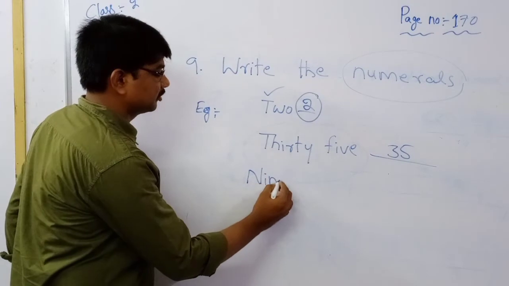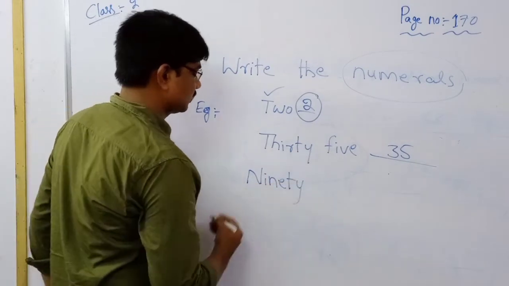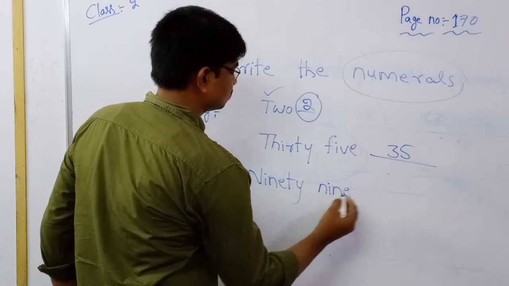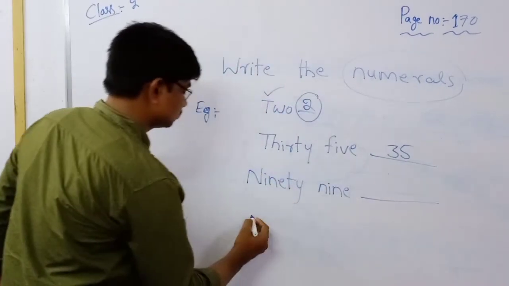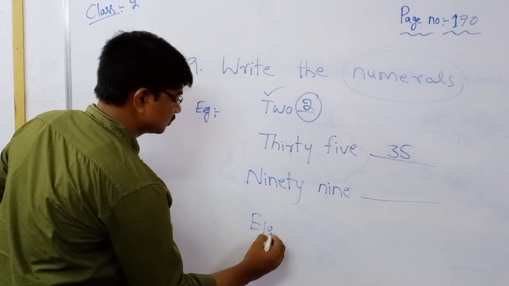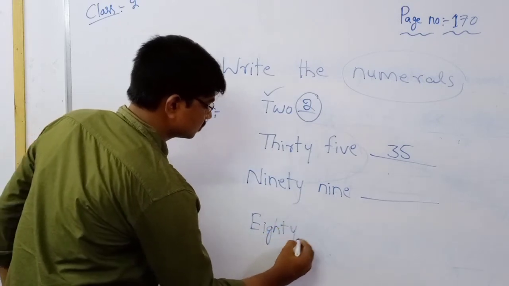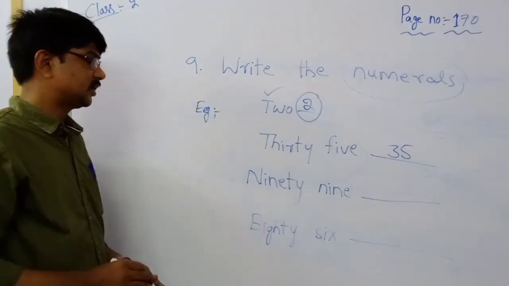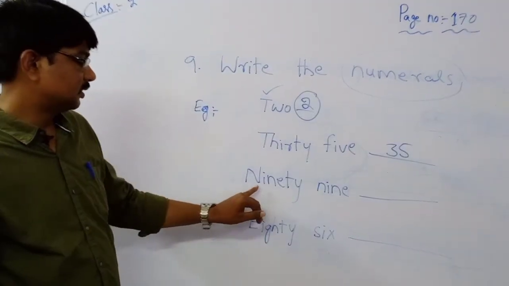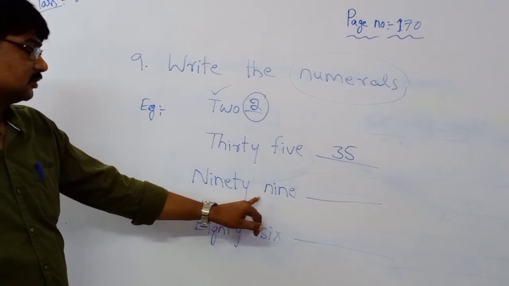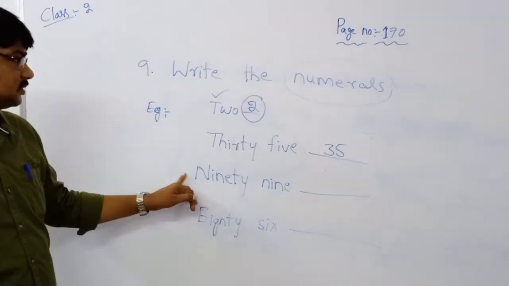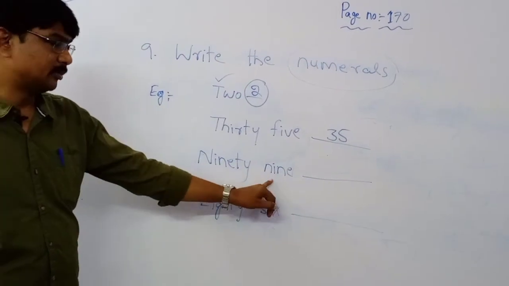One more example I am giving. Look at this. NINETY, 90. NINE, 9. This is number name.